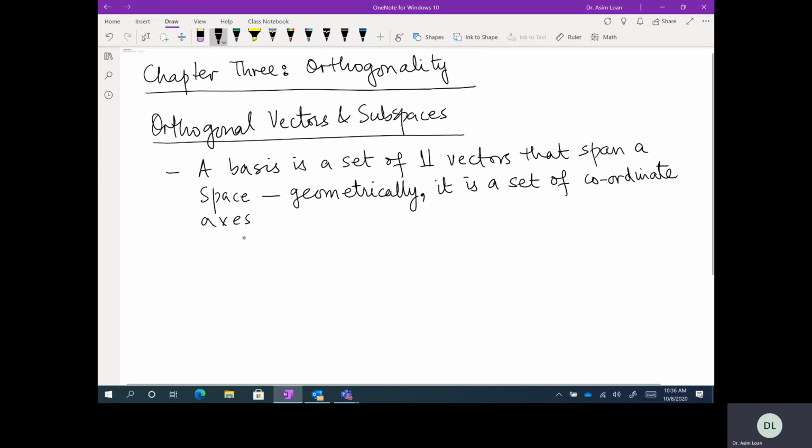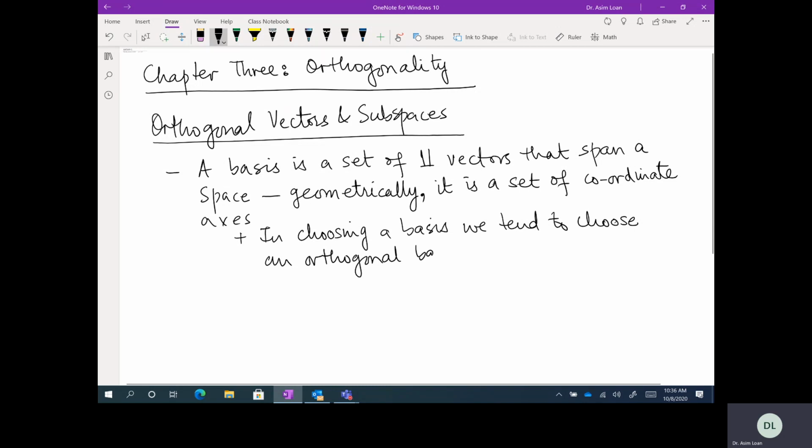In choosing a basis, we tend to choose an orthogonal basis. If we cannot, then we can always orthogonalize them to get an orthogonal basis.